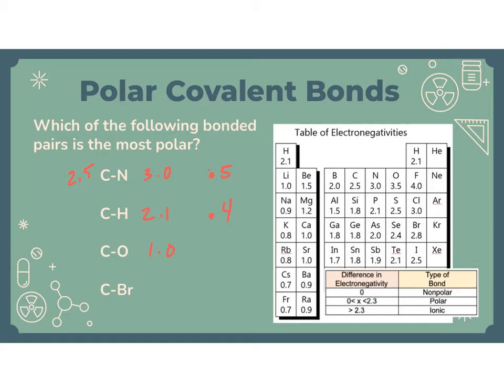And C and Br, Br is 2.8, so that difference is only 0.2. So the most polar bond of all these molecules right here would be the C-N bond. The C-N bond has the biggest difference in electronegativity, so that would be the most polar. All of them are going to be somewhat polar as well. In fact, we might even say none of these is going to actually be ionic.